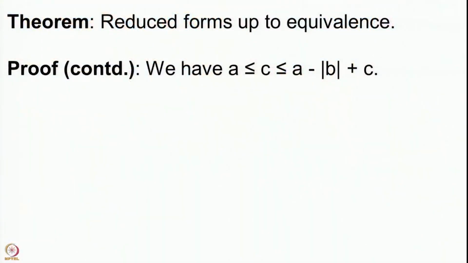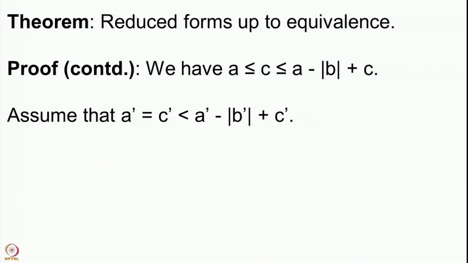Now, next case we will assume that a prime is equal to c prime, but you have a strict inequality at the next level. So, this is anyway there in force, a is less than or equal to c is less than or equal to a minus mod b plus c, but we now allow a prime equal to c prime, but this is less than a prime minus mod b prime plus c prime.